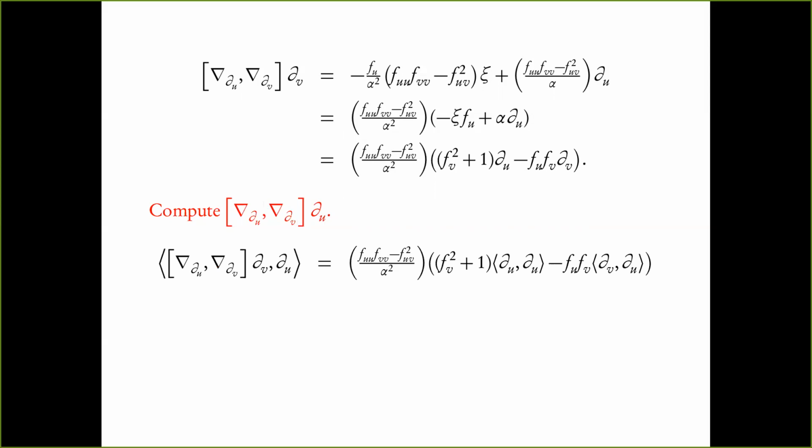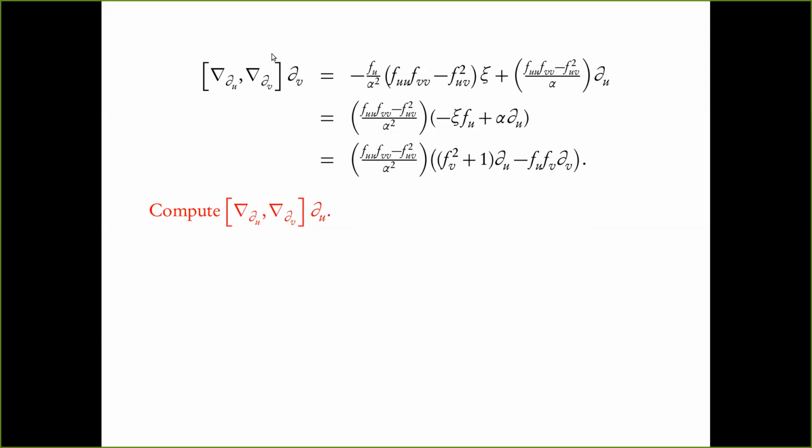But what I would like to do right now is, so it's pretty clear that this operator, first of all, will not be 0, because this operator being 0 means they commute, but this will not be 0 because if you hit this with the vector field del B, then you get this vector field, and this vector field will typically not be 0.